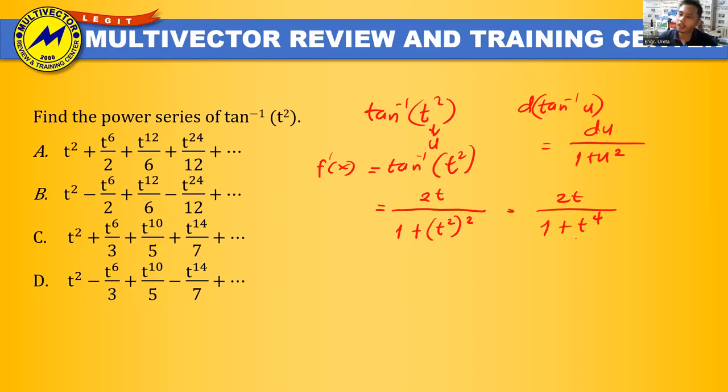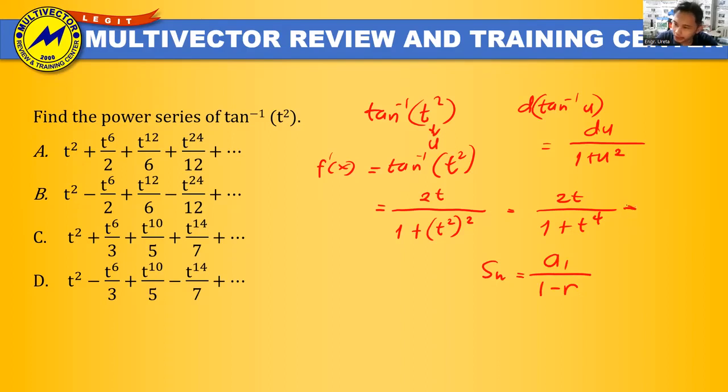If you notice, our first derivative has a resemblance to the geometric sum when the series is infinite. If you remember, the sum of an infinite geometric progression is in the form of a1 all over 1 minus r.